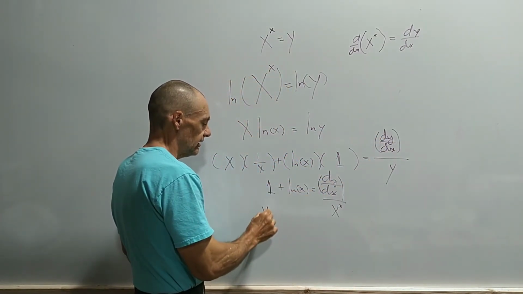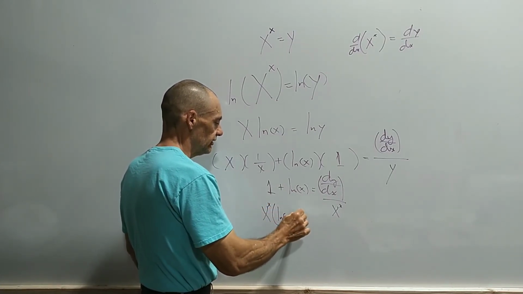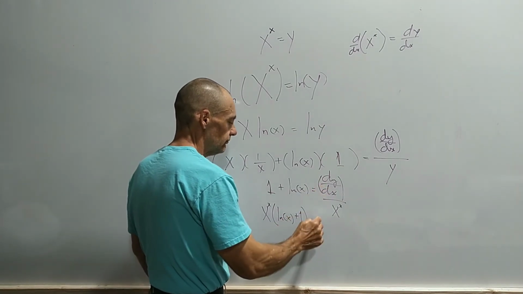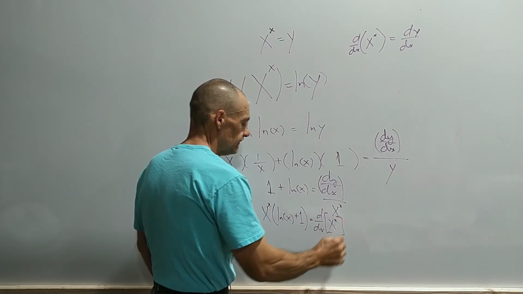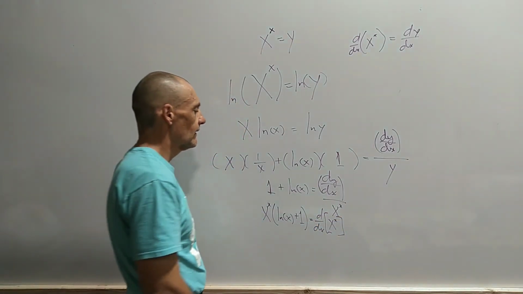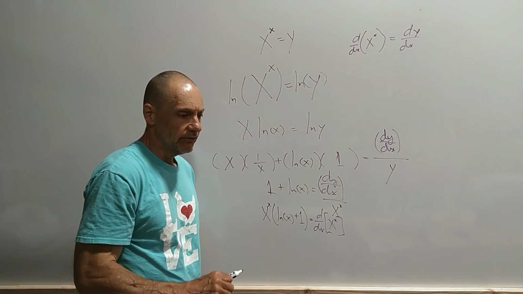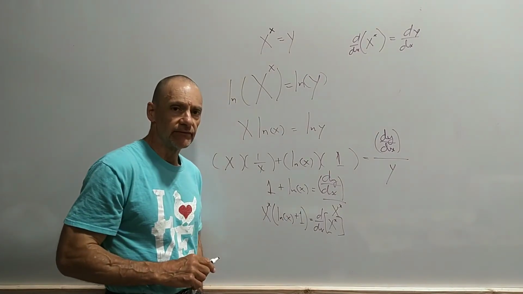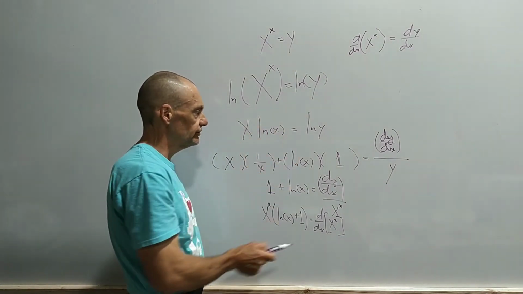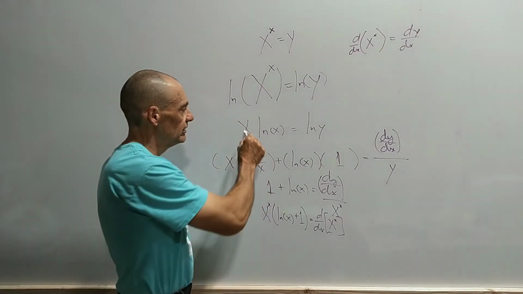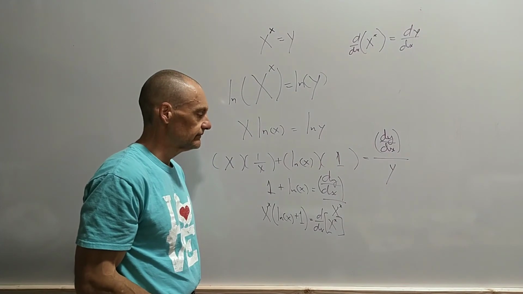So I get x to the x times, we can write this like this, log x plus 1 equals the derivative with respect to x of x to the x, which is dy dx. So, logarithmic derivative is not a new type of derivative, okay? It's just the fact that we're taking a log first, and then we're just using our plain old 9 rules for derivatives to take the derivative of this expression, it's implicit, and get dy dx.